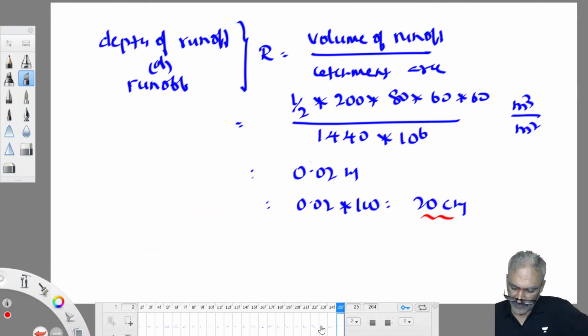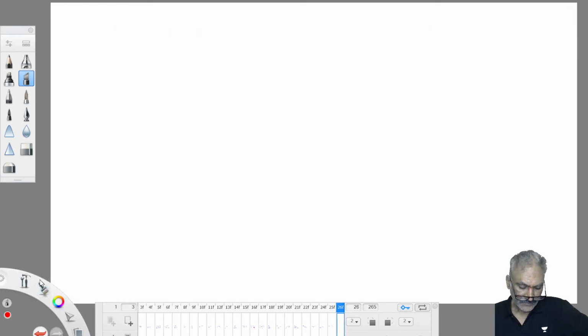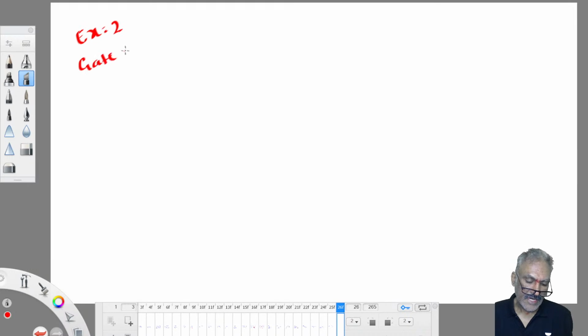Let's try one more question before we wind up. This is a GATE question, GATE 99. So what is given?